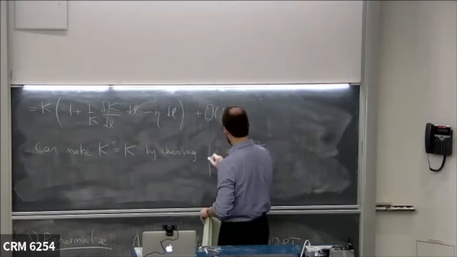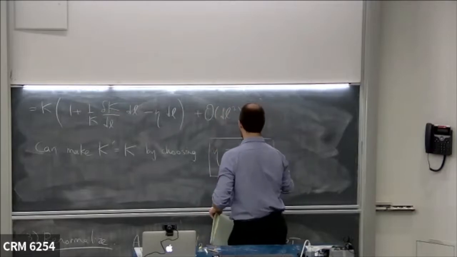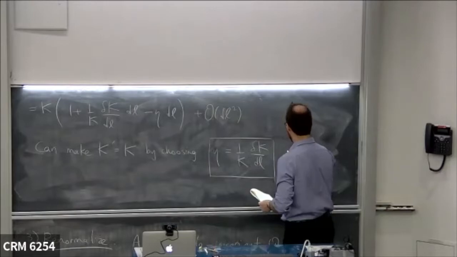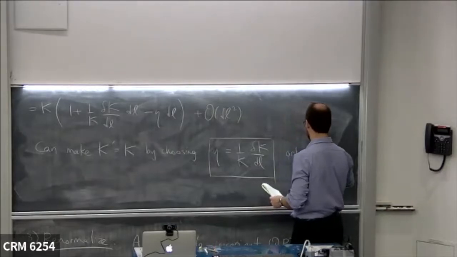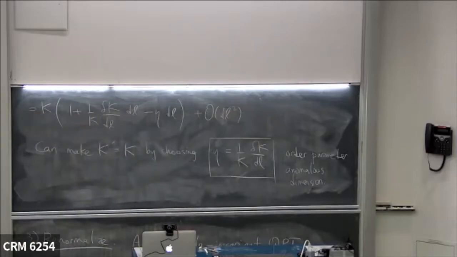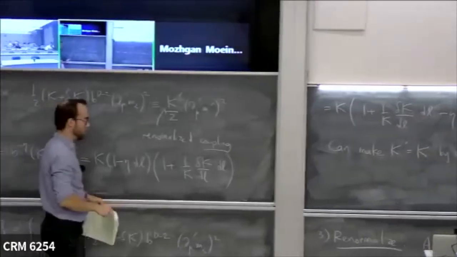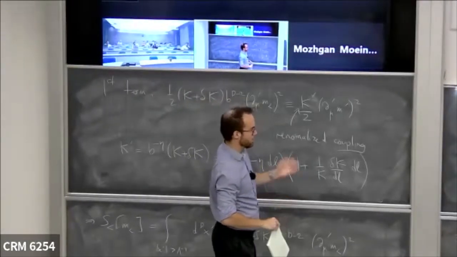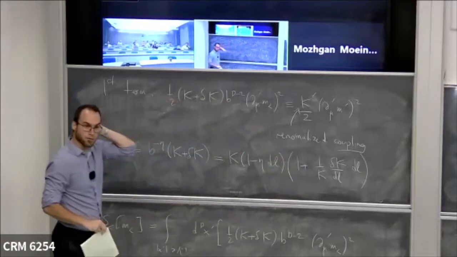Okay, so this quantity, as we'll see, is actually the anomalous dimension of the order parameter. So this will enter the power law in the two-point function of the order parameter field, as the difference between the dimension of that operator at the critical point and that in the free theory.